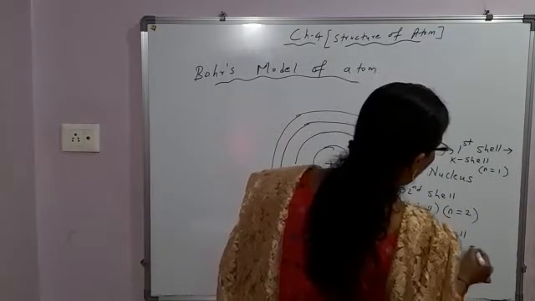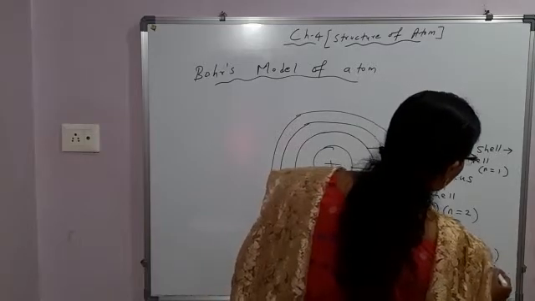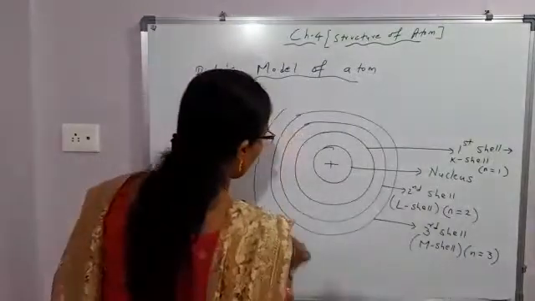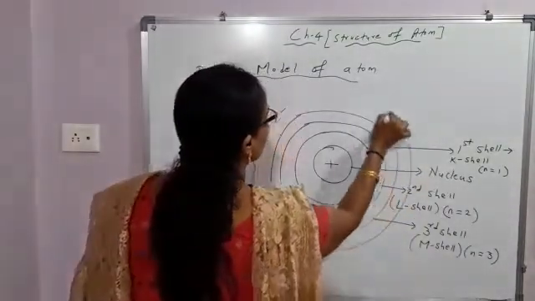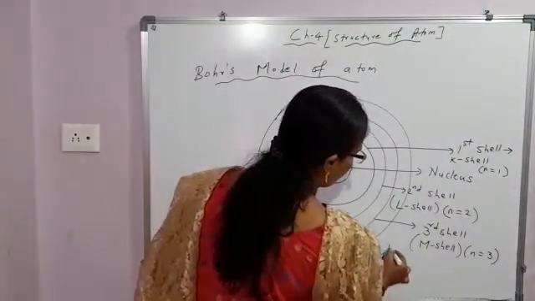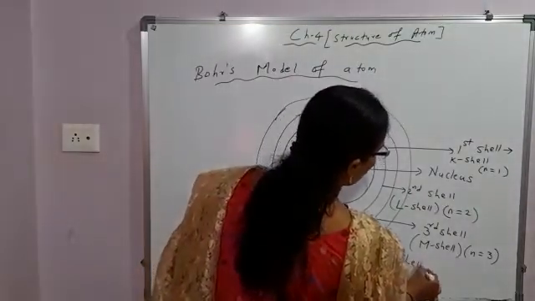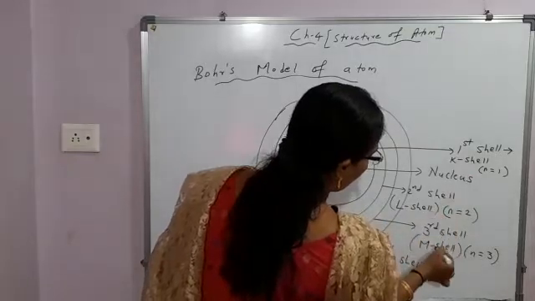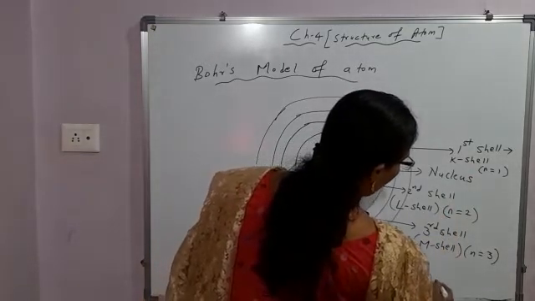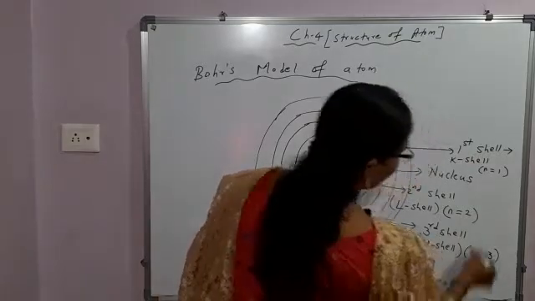And here n is equal to 3. Okay. Then the fourth shell is called the N shell. And here n is equal to 4.